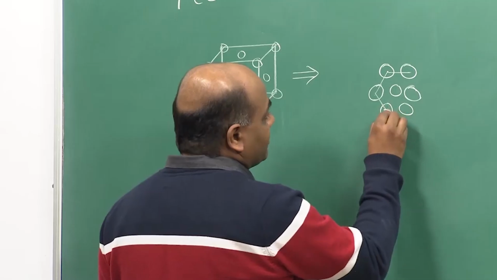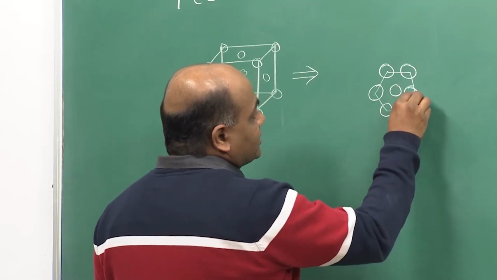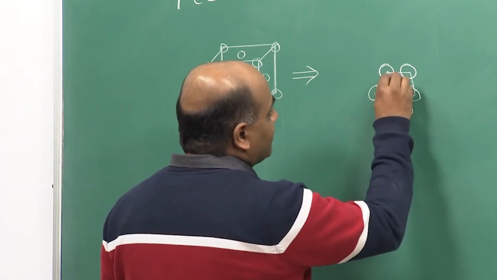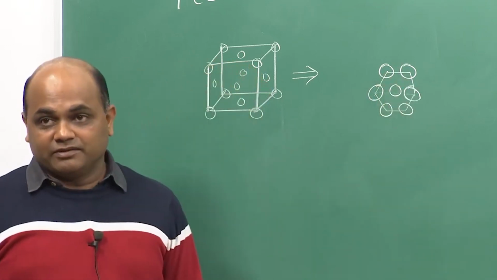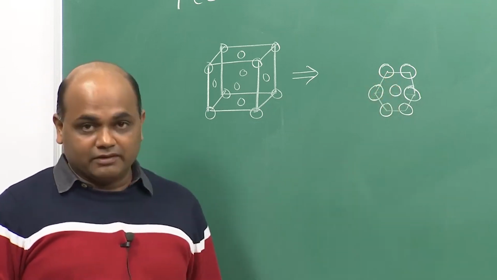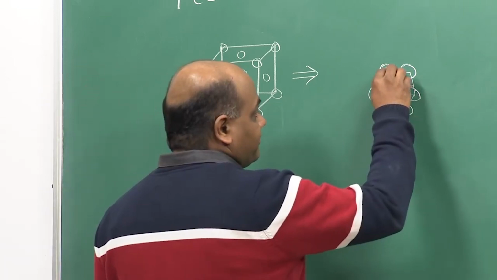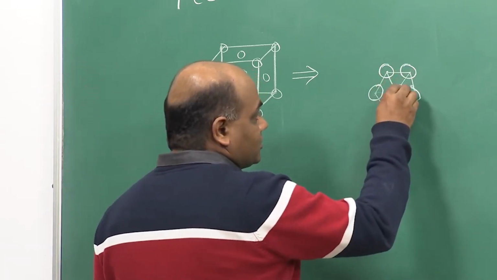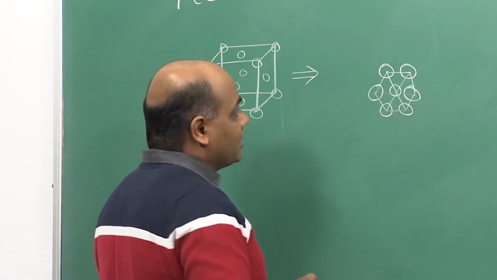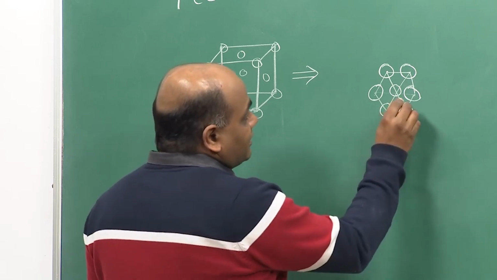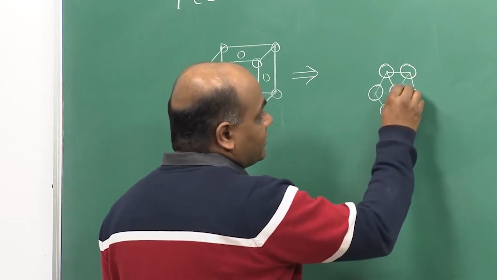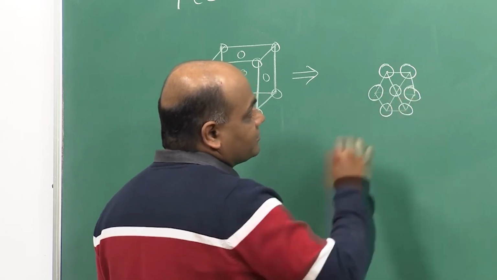Each atom is surrounded by 6 nearest neighbor atoms within the plane, and there will be 6 out of plane. So, 3 of them will be on top, 3 of them will be at the bottom of this plane, and the way we can place those atoms is, if we join these atoms in the hexagonal arrangement, then there will be 6 triangles, 3 pointing up and 3 pointing down.